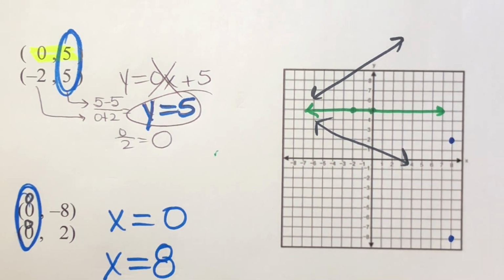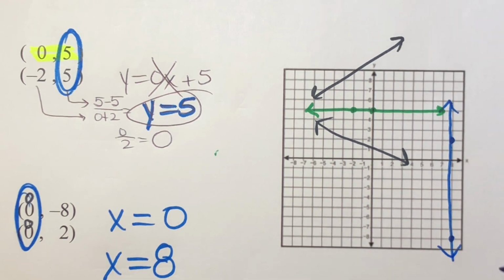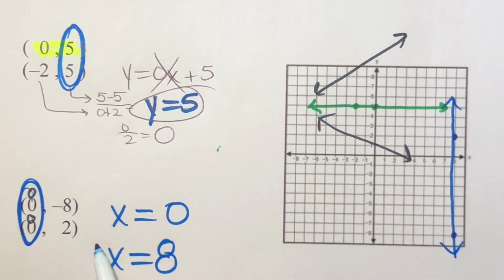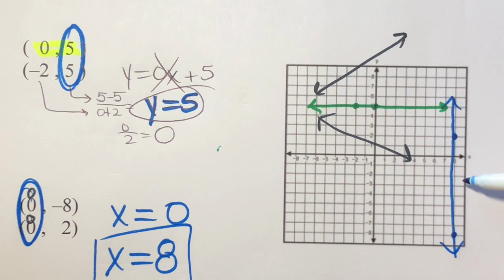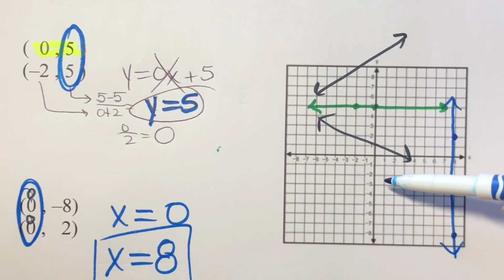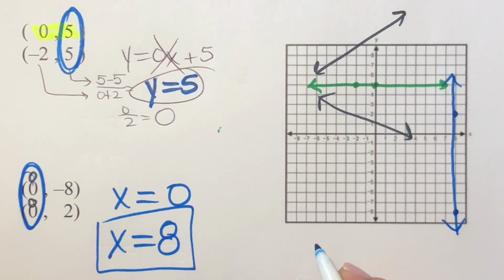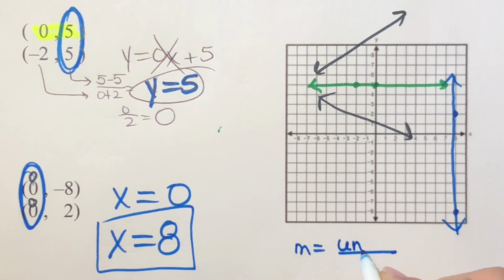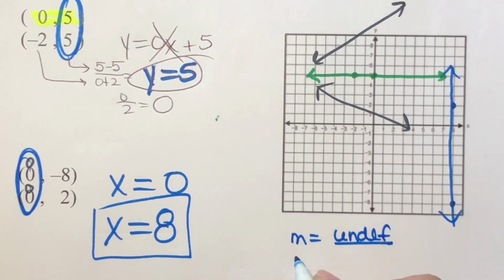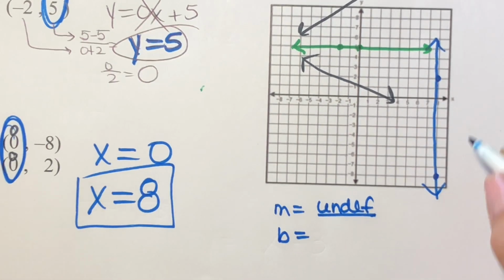And you shouldn't be surprised to see that they're not next to each other. They are on top or above each other because that's when your x values are the same. So, hey, what's your y-intercept here? Where does this blue line touch the y-axis? It doesn't. So do you remember on our last one where you wrote m equals undefined because that's the slope of a vertical line, and you wrote b equals none?